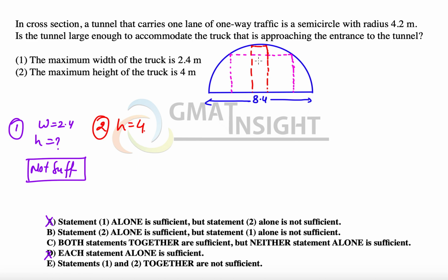So if the truck is very narrow, if the width is very small, then it's possible. If the width is larger, it's not possible. Therefore we say that the second statement is not sufficient.